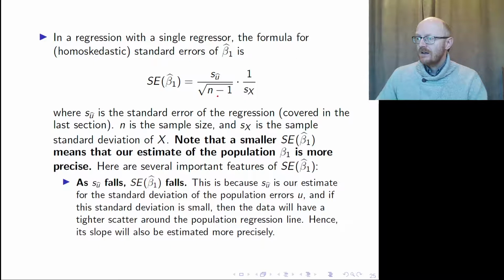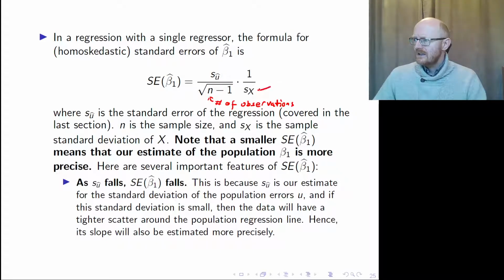In this equation, you have the n, which is just the number of observations, which means that the denominator here is just the number of observations minus 1, because we lose 1 degree of freedom, and you just take the positive square root of that.